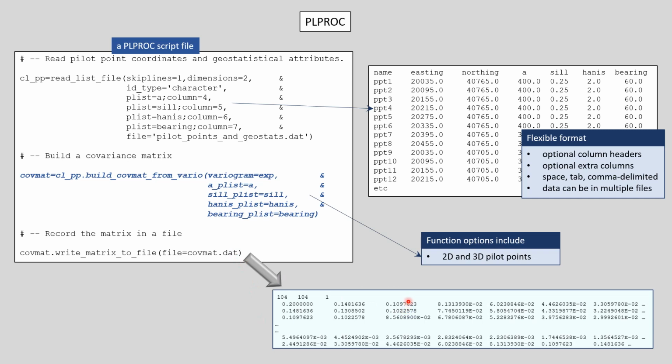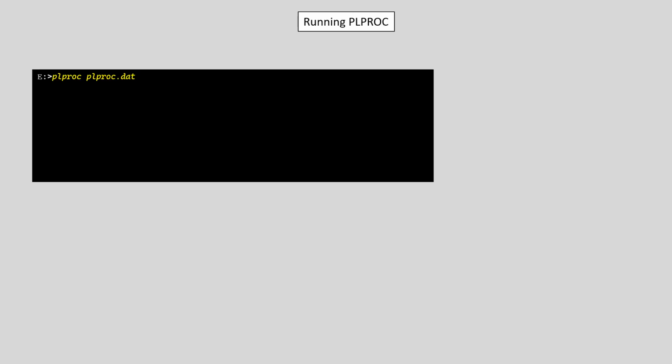In this case, the protocol adopted is such that the covariance matrix is stored, but there are no parameter names following the covariance matrix. To run plproc, we type its name followed by the name of the file containing the script that we want plproc to run.